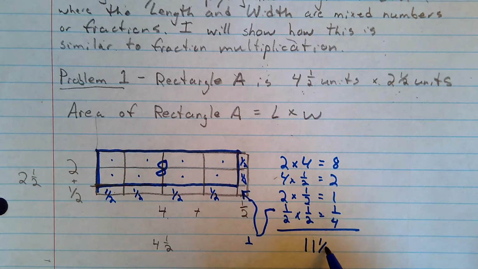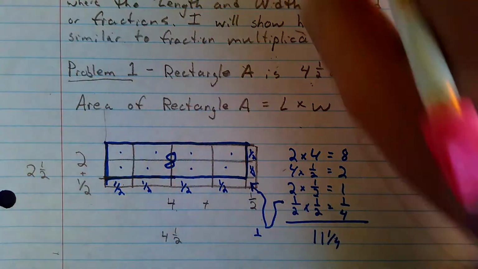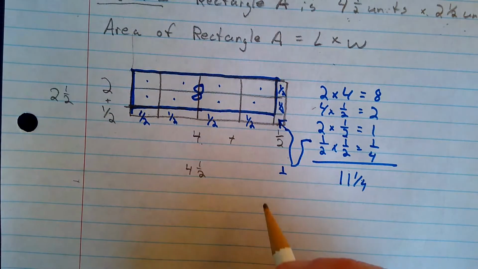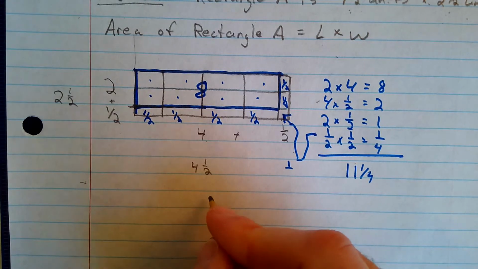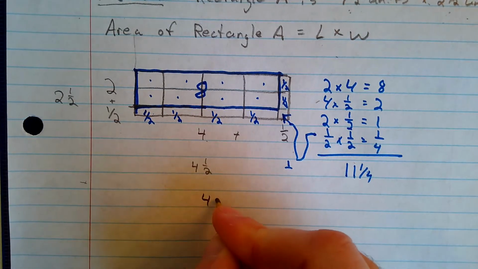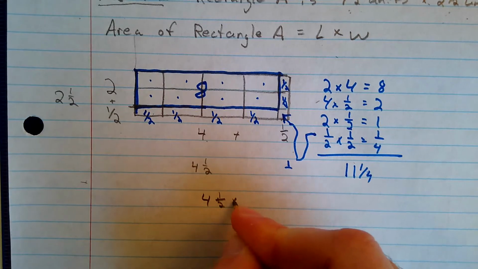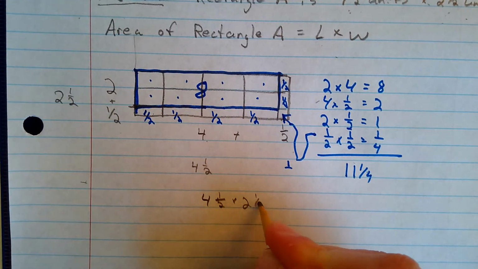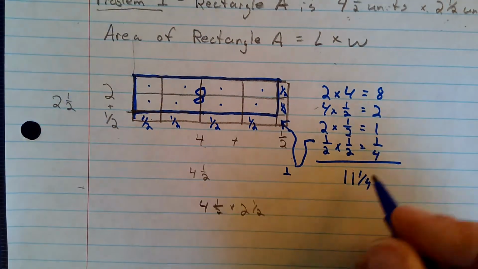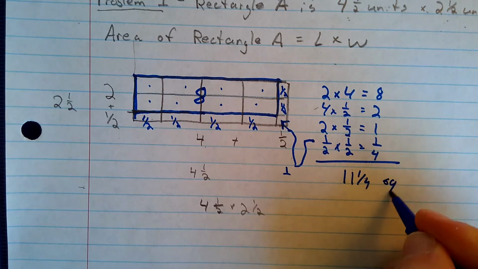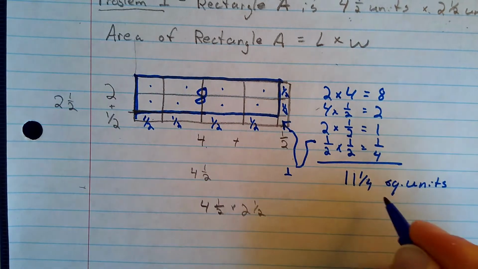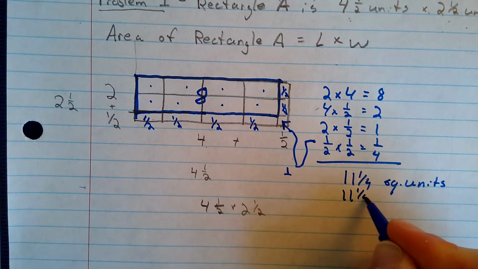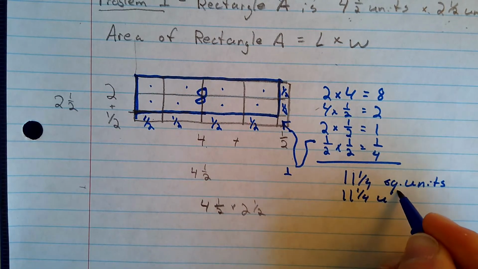Let me double check. Let's just do it with multiplication. So 4.5 times 2.5. And I should have put 11 and a quarter square units, or units squared.